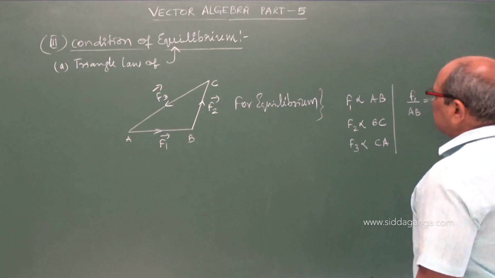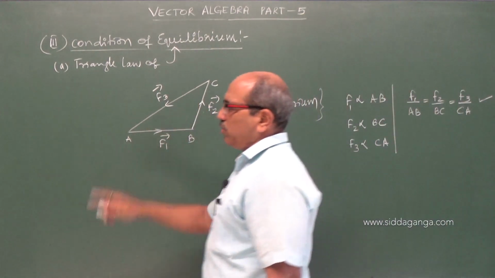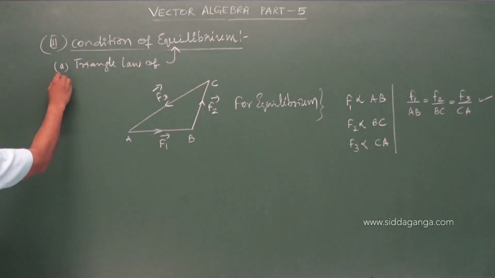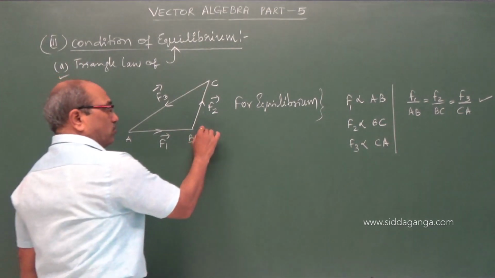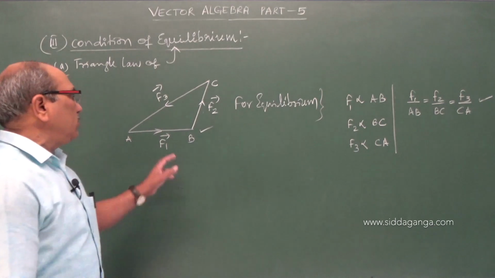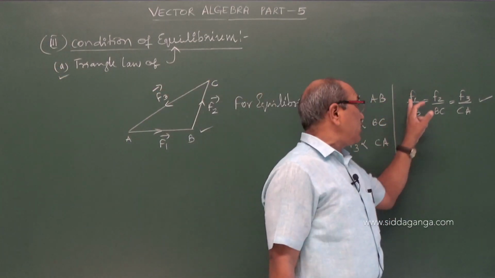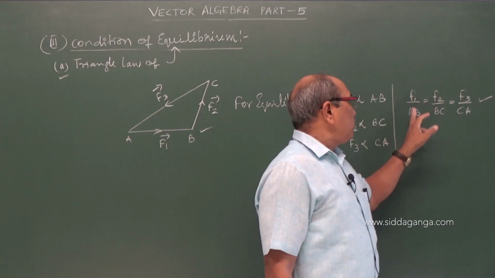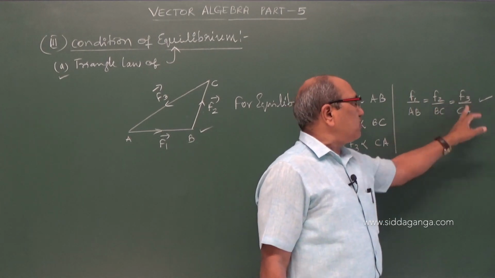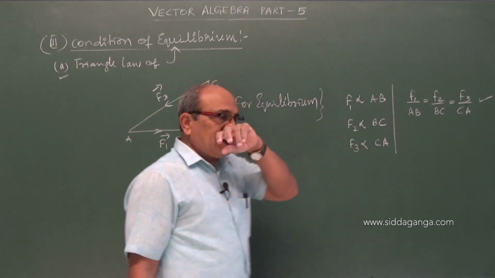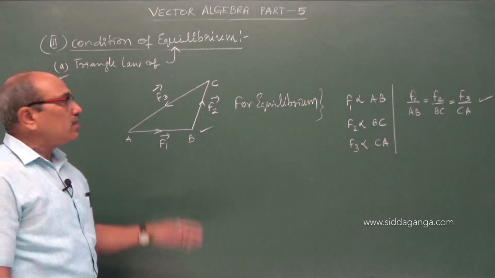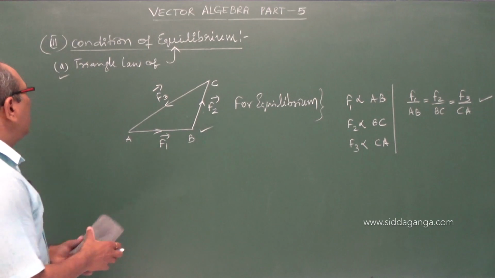If this condition is satisfied, then they keep the body in equilibrium. It is an important relation with respect to physics. If the forces are of this type, the force by the corresponding side, F1 by AB, F2 by BC and F3 by CA, always remains the same. Any comparison, we can get some values.